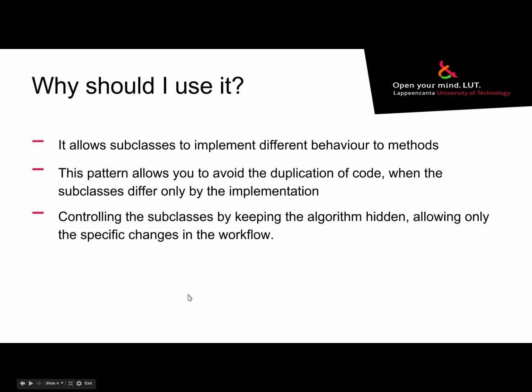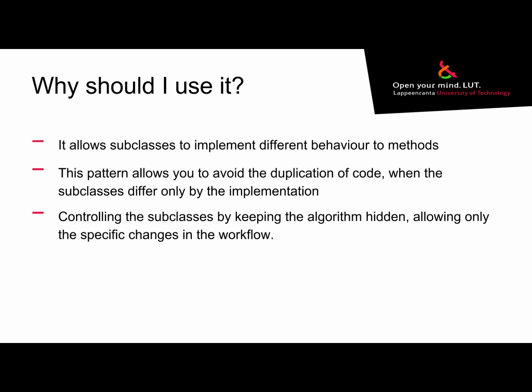So why should I use this? Or why should you use this? This method allows different behaviors from the same methods. Simply, that's the key of it. So you are allowed to avoid the duplication of code. So the subclasses differ only by the implementation.